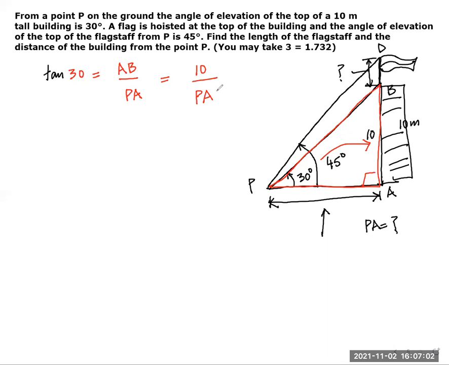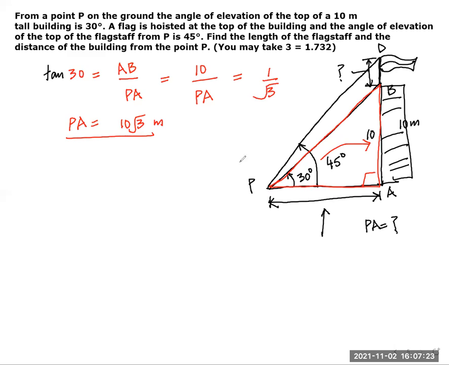And tan 30 is 1 by root 3. From this directly, you will get PA is equal to 10 root 3 meters. This is the distance of the building from point P.